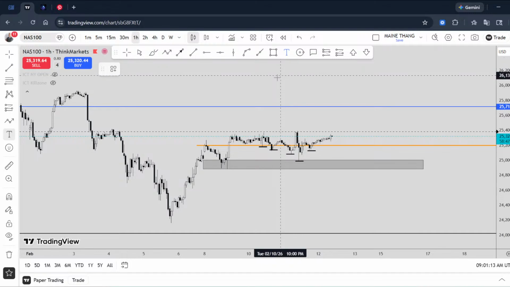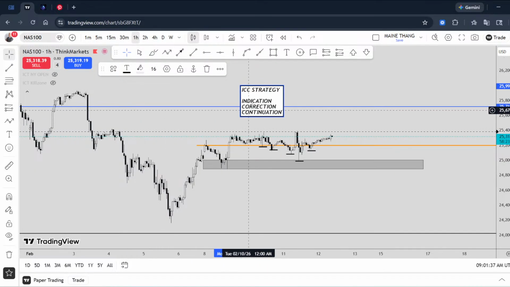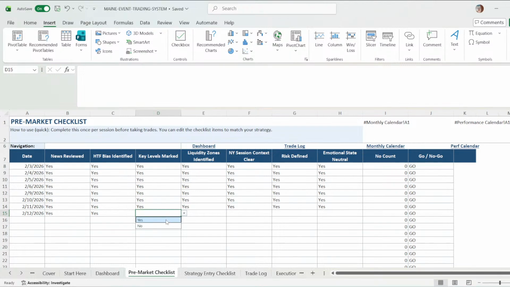Again, I trade the ICC strategy, which is indication, correction, and continuation. All right, so we mark that yes.